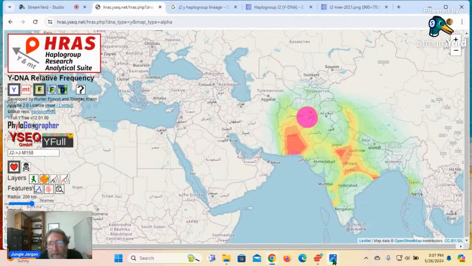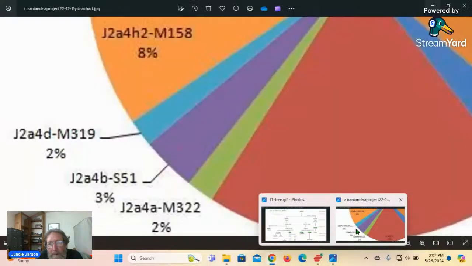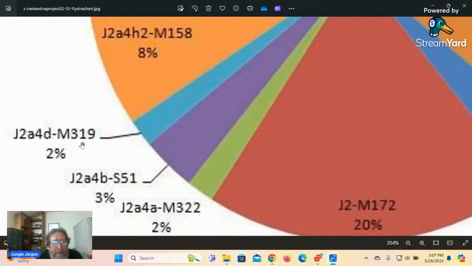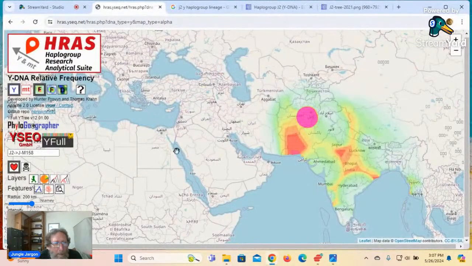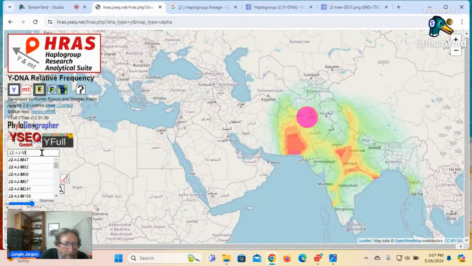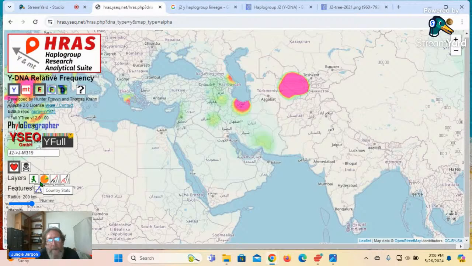So there's that one. Let's see what else we can find here. There's M319, M322, and S51. Okay, so we'll try the 319. There's 318, 319. We'll see what comes up with 319. And 319 is basically still Persia and Turkmenistan area.